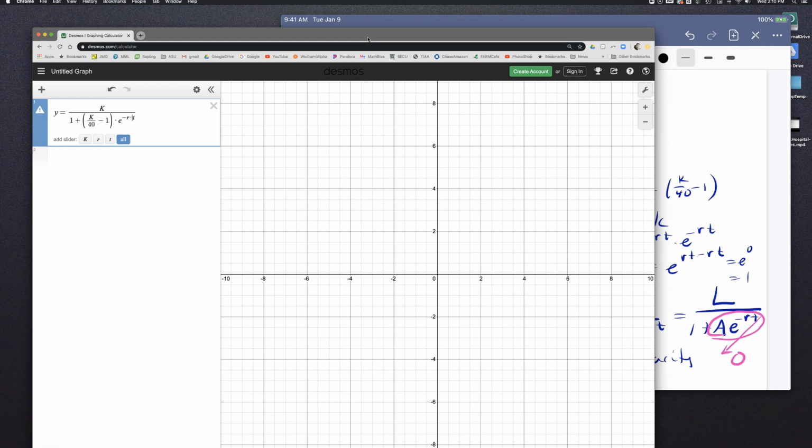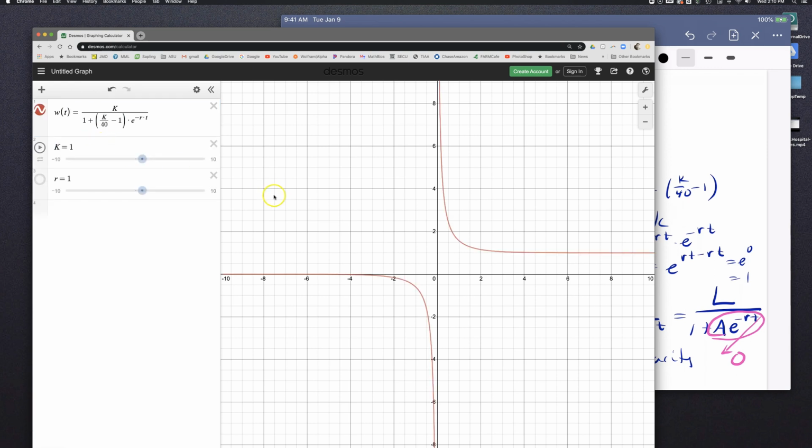And we want this function to be a population w as a function of t, so that there are only two parameters in this problem, k and r. So we'll add parameters for those.